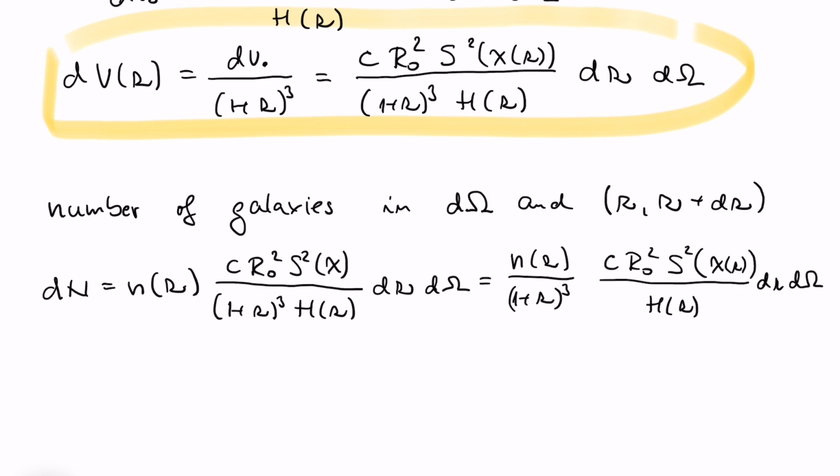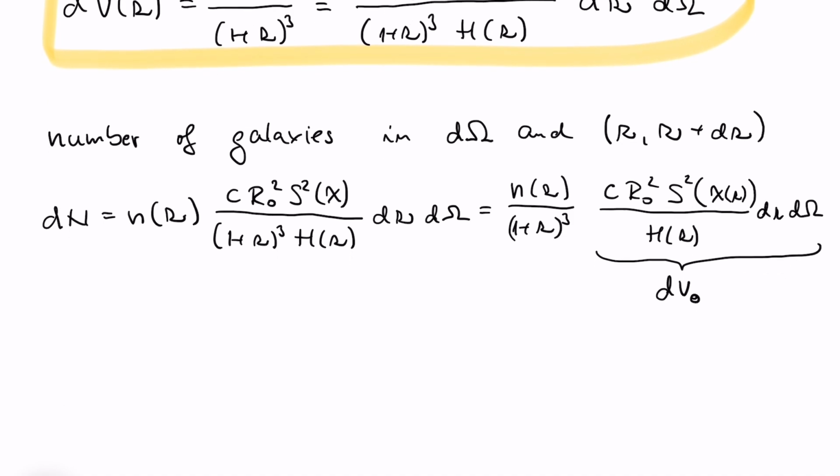But the second term is the present day volume. So if the galaxies are not destroyed, then n(z) over (1 + z) to the third power must be the present day density of galaxies. And so we also derive the time evolution of the density.